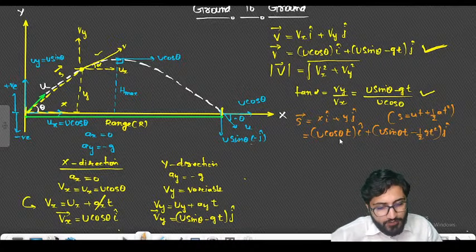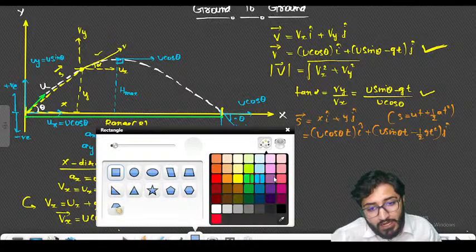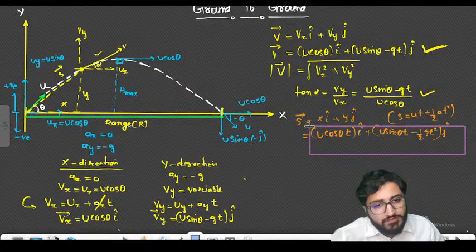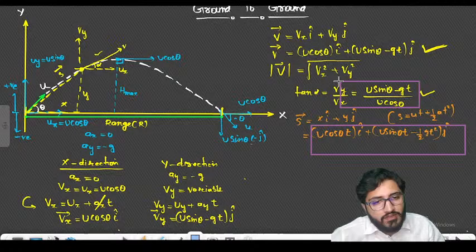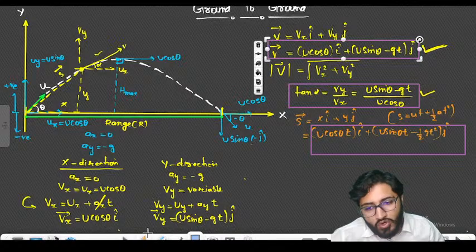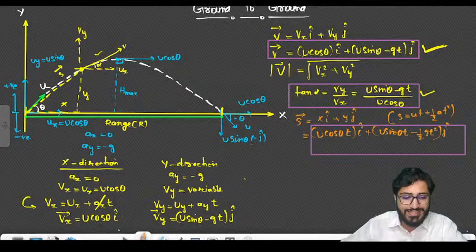Look, from the whole slide, what you need to remember now? This equation 1, this equation 2, this equation. From the whole slide, only these three equations you need to remember.